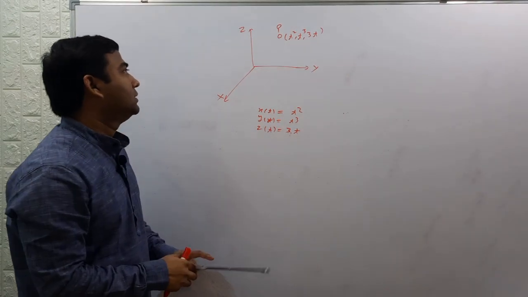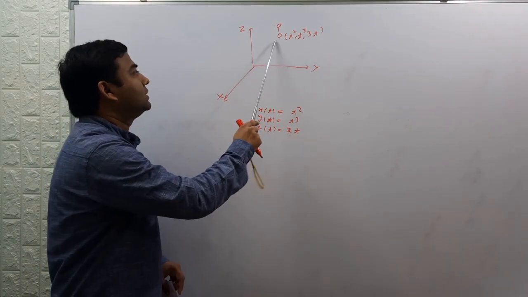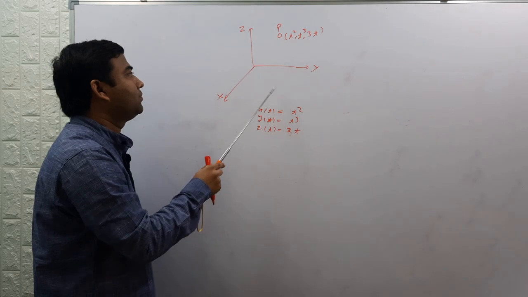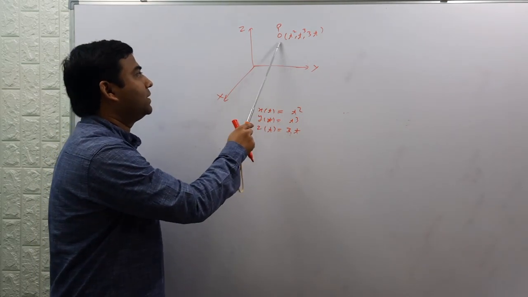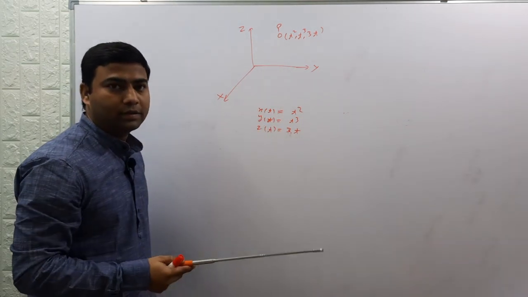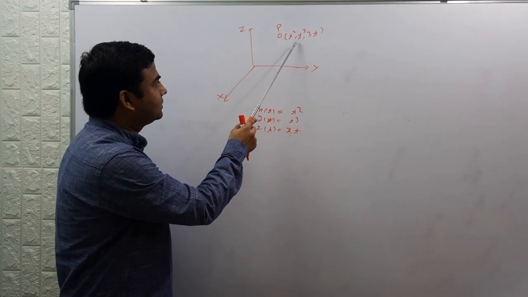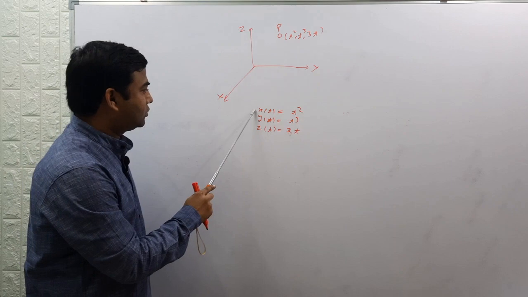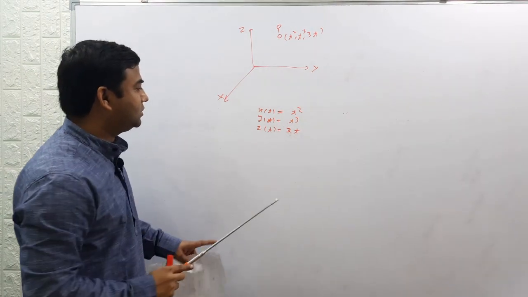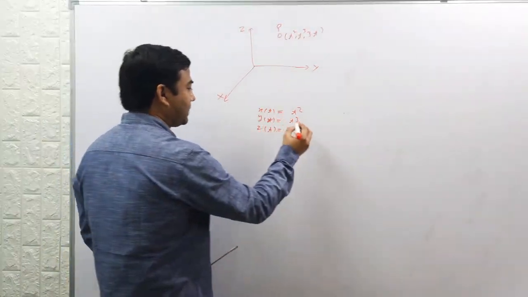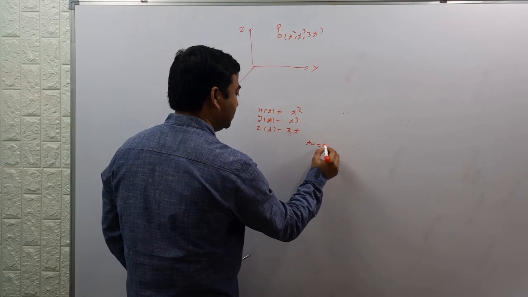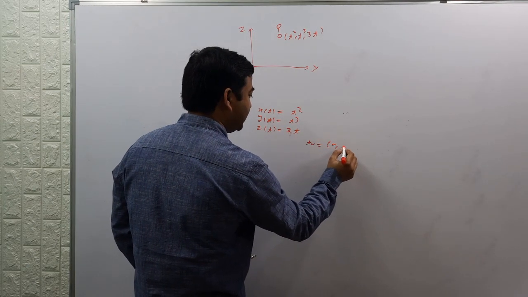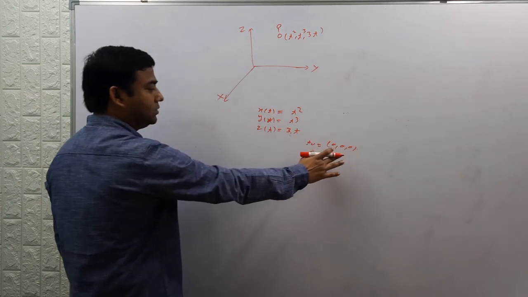This is the point which is moving in this coordinate axis system, and these coordinates are functions of time because it is moving, and they are changing with time by these equations. At time t is equal to 0, the coordinate is 0, 0, 0.